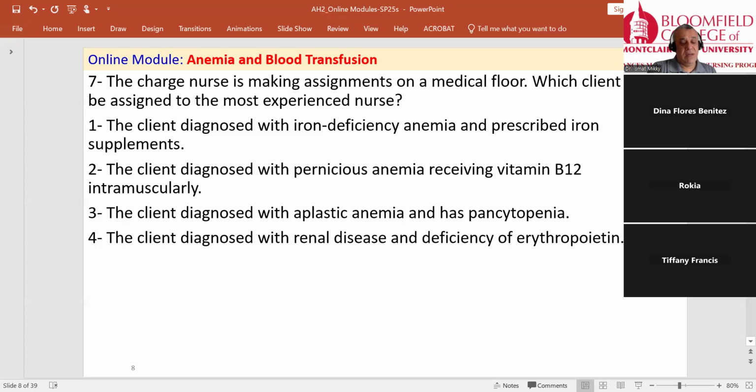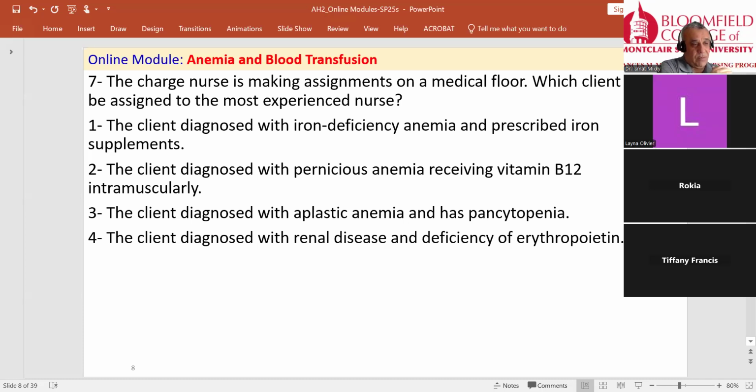So, number 7. As you do the assignment on the medical unit, which client should be assigned to the most experienced nurse? Number 3.